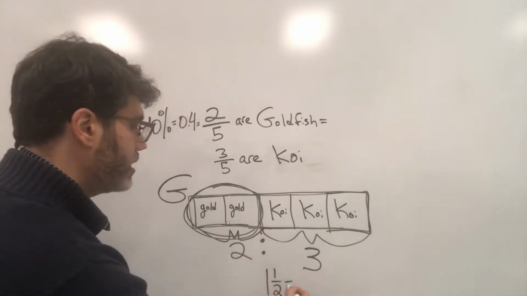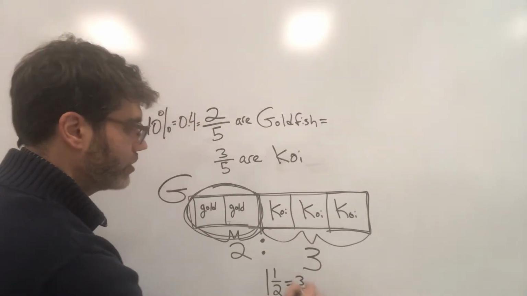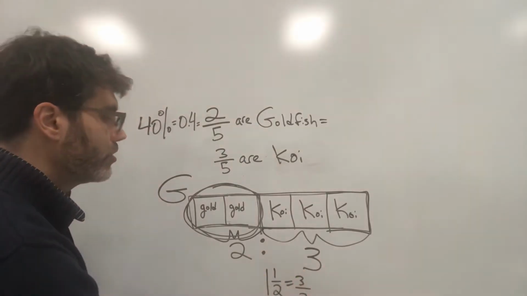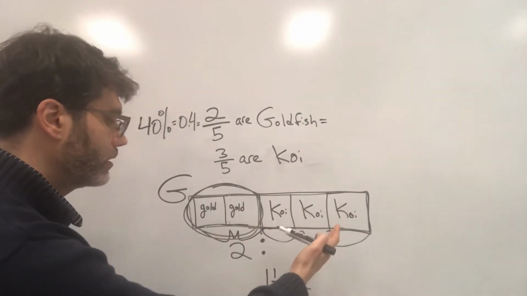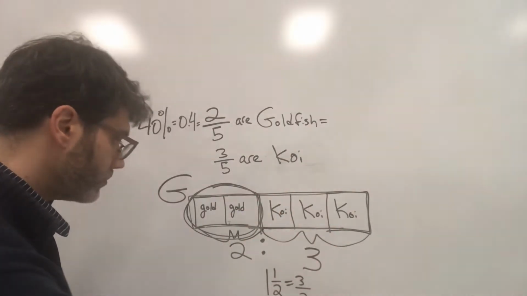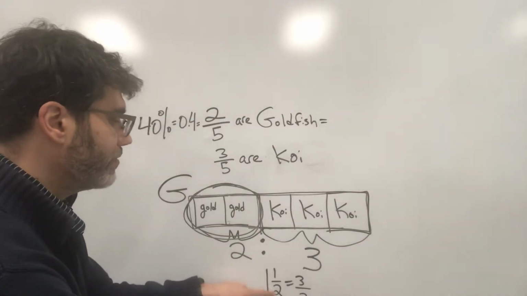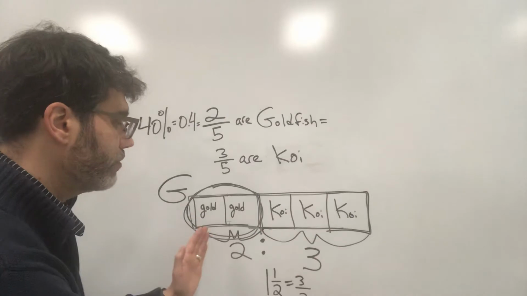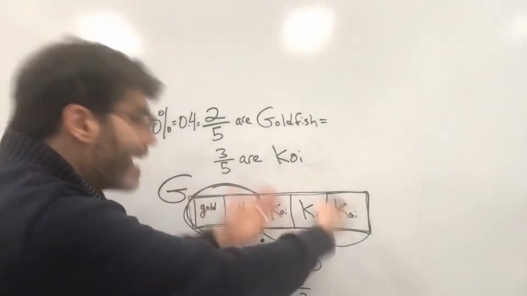So that could be 1.5, which is 3/2. If we want to talk about how many koi there are, we would say there are 1.5 times as many koi as goldfish. So we could multiply 1.5 times the amount of goldfish and get the amount of koi.